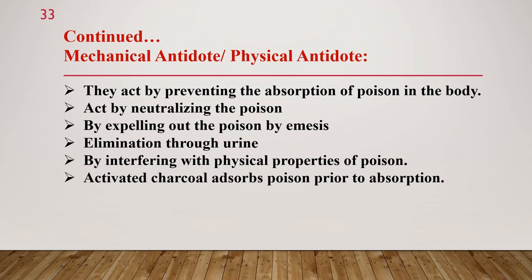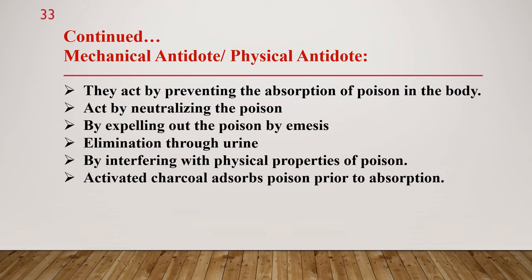Mechanical antidote or physical antidote. Mechanical or physical antidotes act by preventing the absorption of poison in the body. They act via neutralizing the poison. They act by expelling out the poison by emesis or vomiting, or elimination of the poison through the urine.